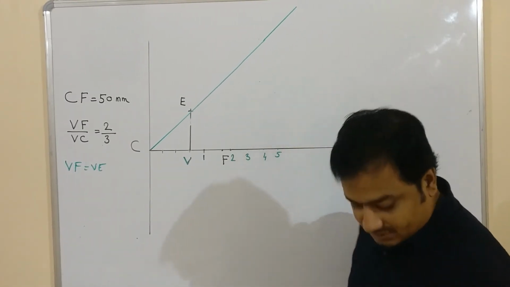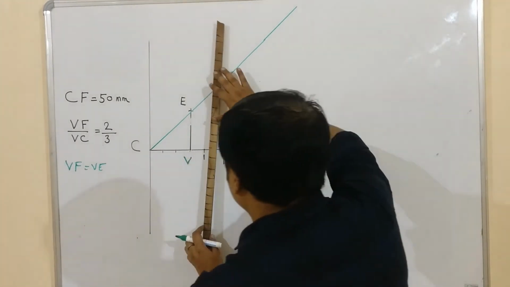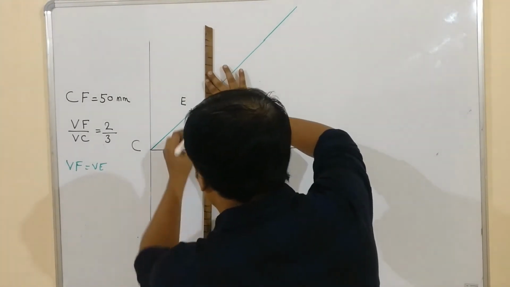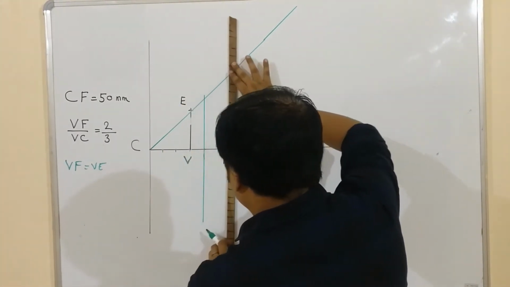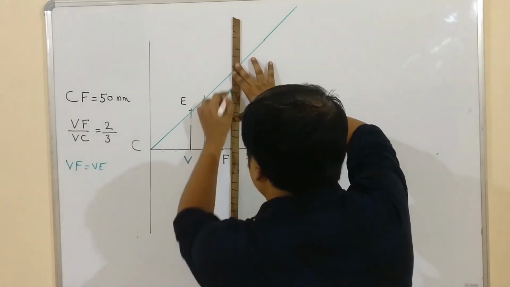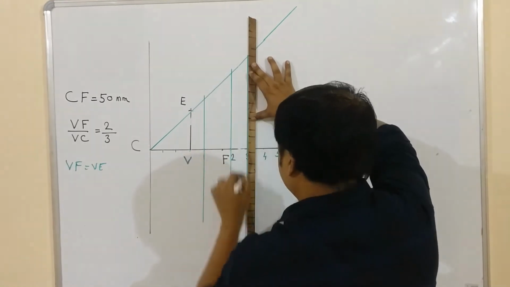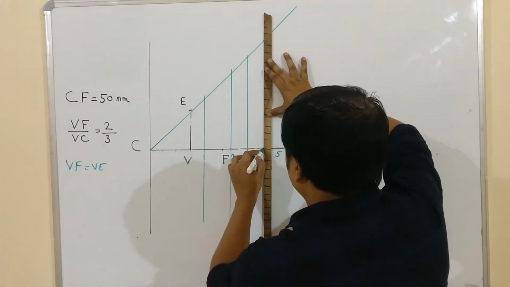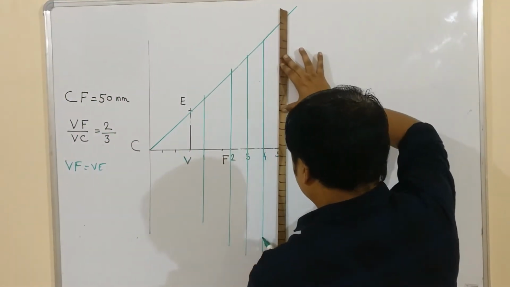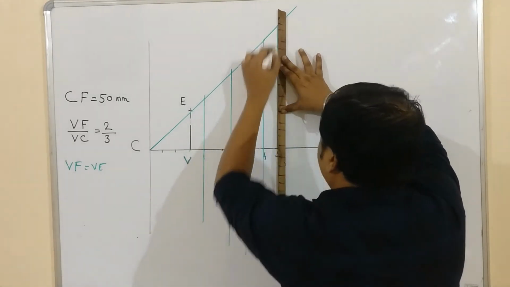The next step is to draw verticals from each and every point: draw the vertical from 1, from 2, from 3, from 4 and from 5.